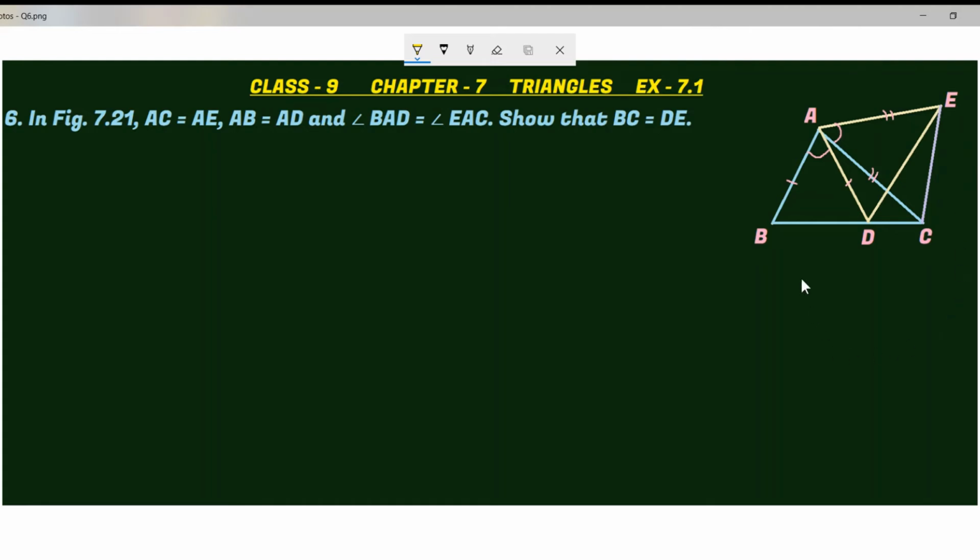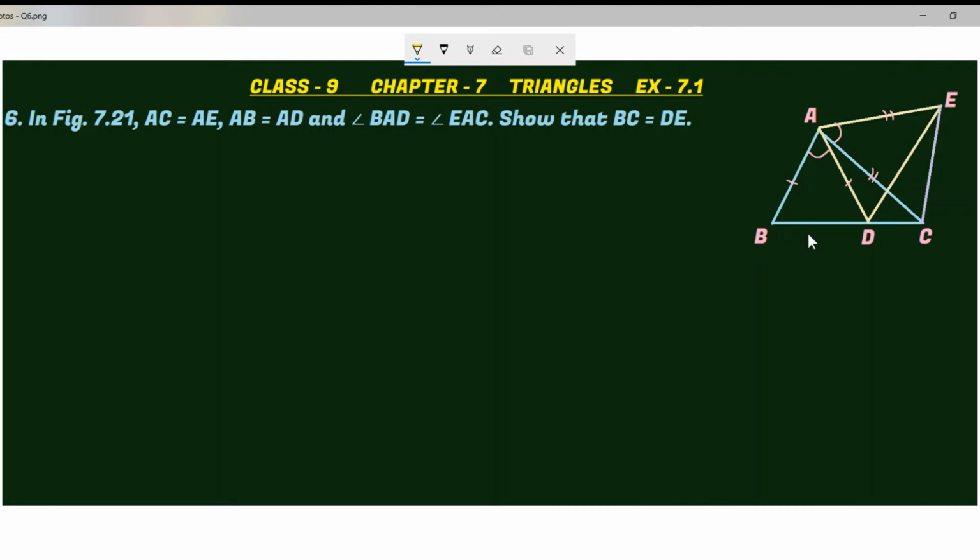You can see the figure. BC is the base of triangle ABC and DE is the base of triangle DAE. So we have to take these two triangles to prove BC is equal to DE. You can see already two sides are equal to each other. Here AE is equal to AC and AD is equal to AB.